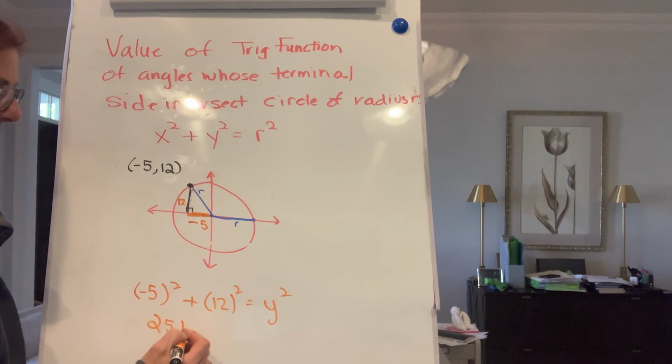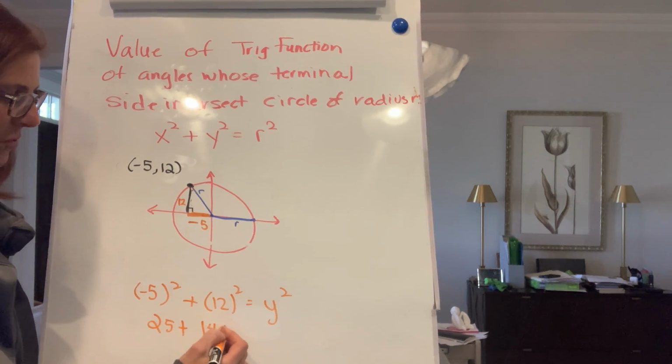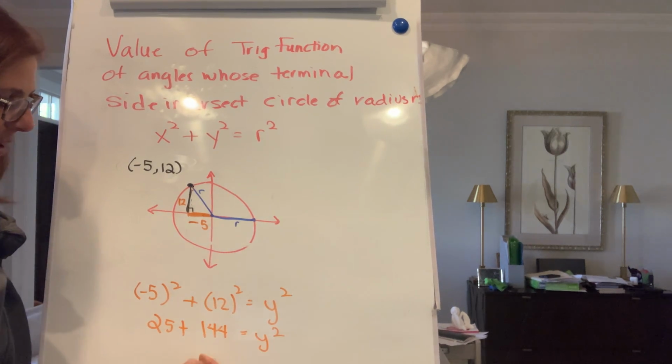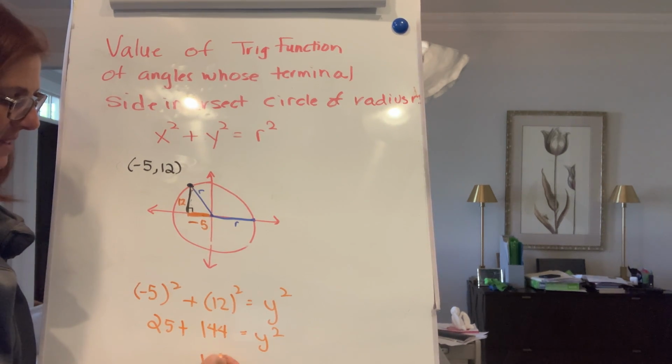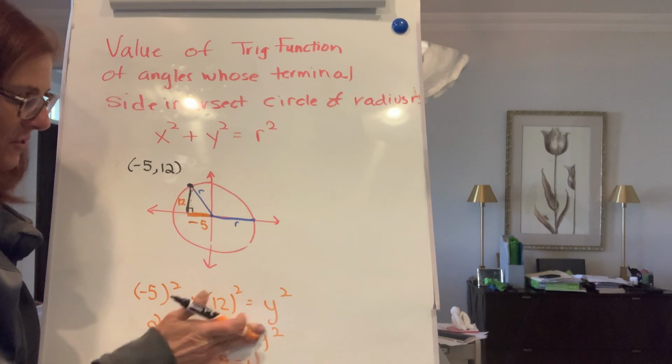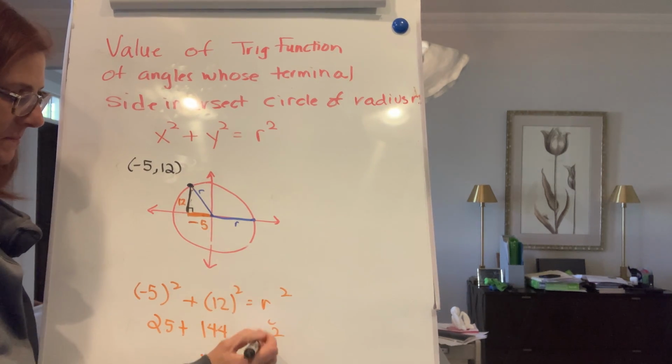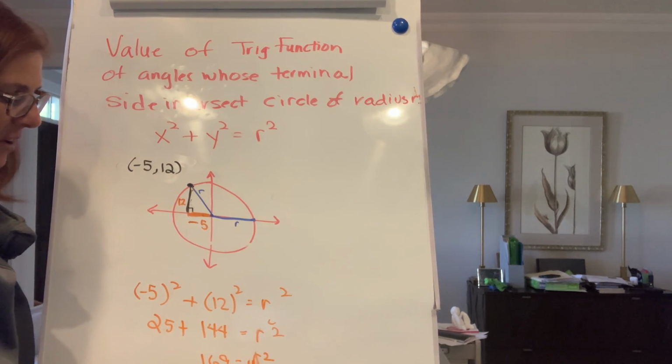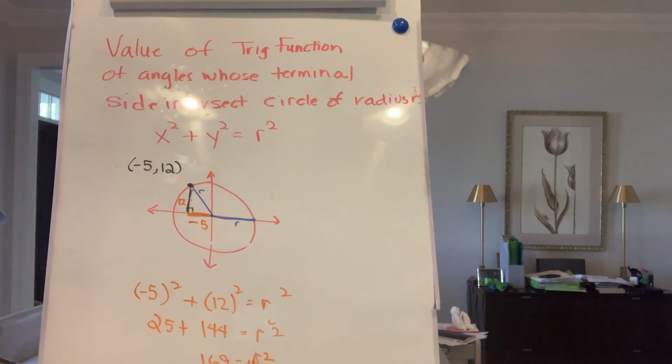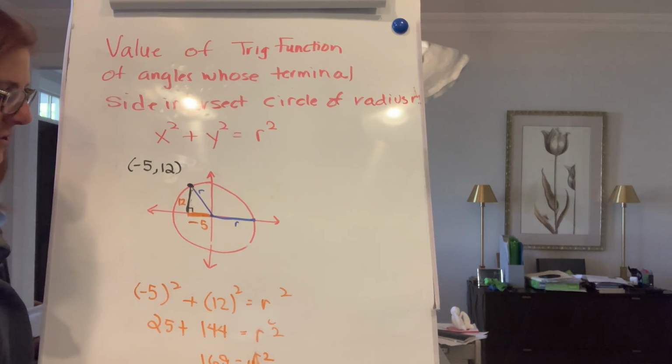So I get 25 plus 144 equals r squared. So I get 169 equals r squared, sorry. So r comes out to be 17? 17 times 17, I'm just double checking my math here right now. It's not 17, is it 13?